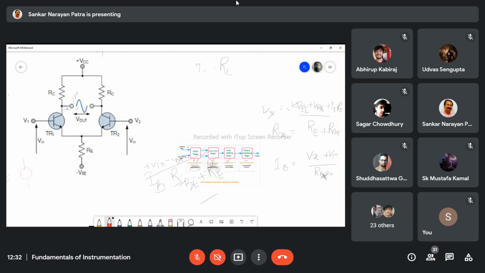If I make a circuit like this one, this is V in, this is VB, this is IE RE, and this is minus VE.